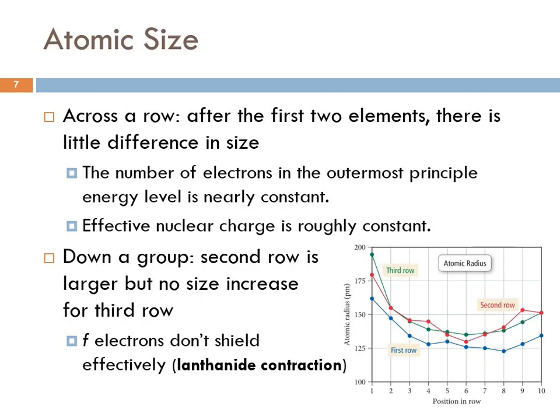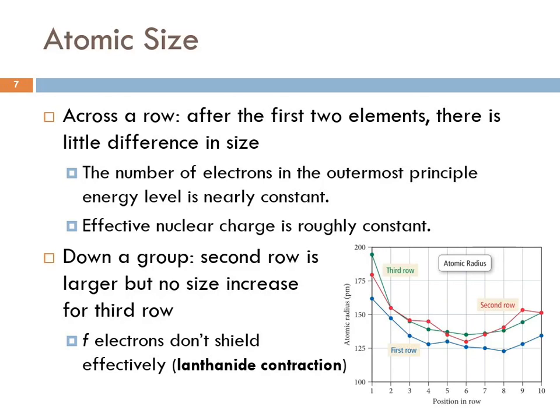So if you're going across a period, sodium, magnesium, aluminum, etc., to argon, we're adding electrons in the same principal energy shell. And so the effective nuclear charge is increasing because we're also adding a proton to each nucleus. But there's shielding from the core electrons. The core electrons are staying the same. And so the effective nuclear charge increases. Higher charge between those valence electrons and the nucleus causes them to be pulled in closer. And so as you go across, they get smaller.